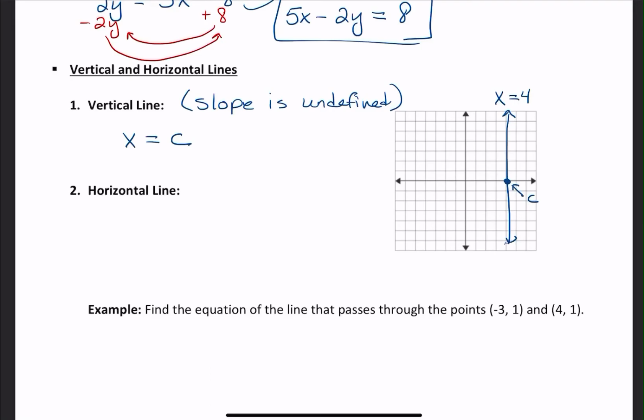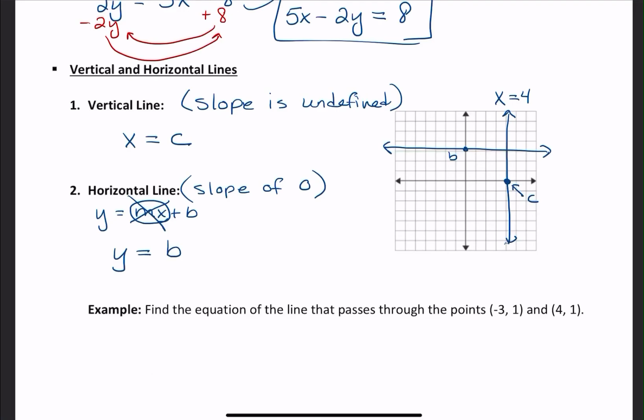That's the whole equation, because anywhere on that line, x equals 4. Now for a horizontal line, that's going to have a slope of 0. And you can work this one out mathematically. If it's got a slope of 0 and you have y equals mx plus b, if your slope is 0, your x term is going to disappear or go to 0, and it leaves you with y equals b.